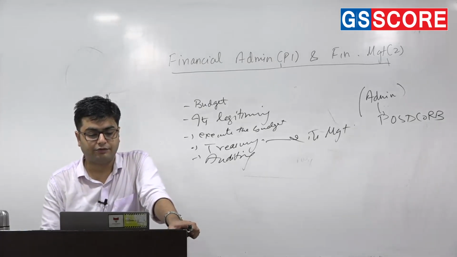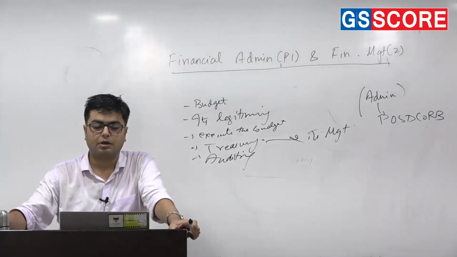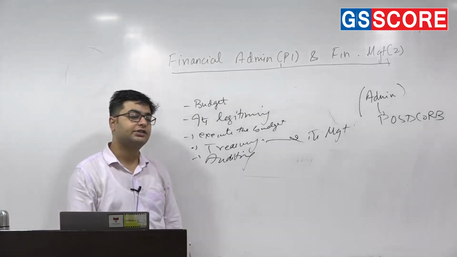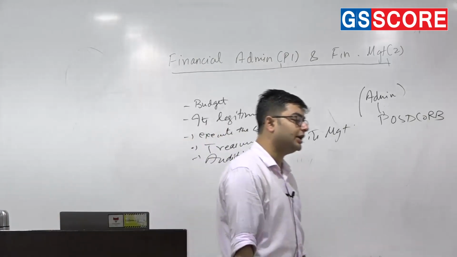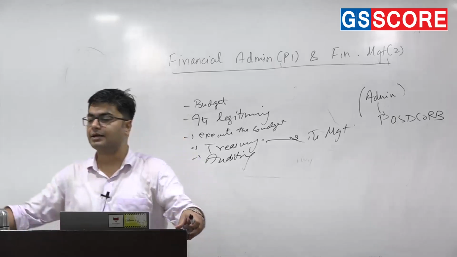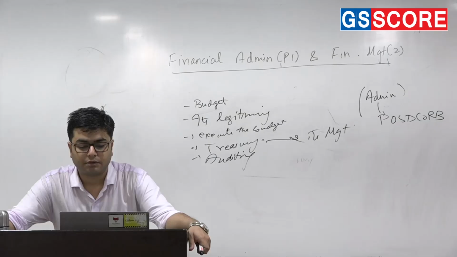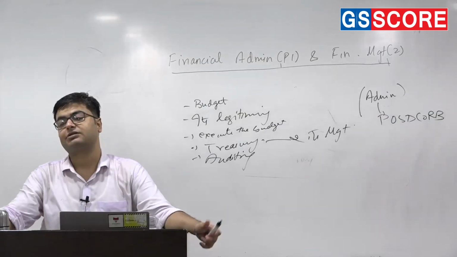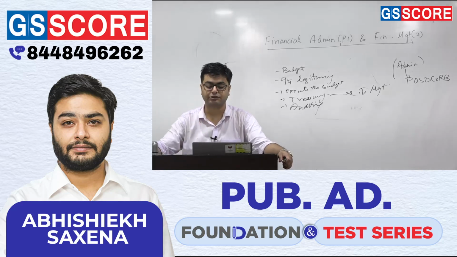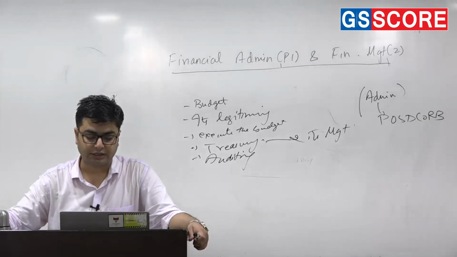Also, financial administration is very much related to the administrative organization and the relationships that are present there. Your taxation machinery, tax administration, your revenue administration, your expenditure administration, your execution administration, all of it are related.